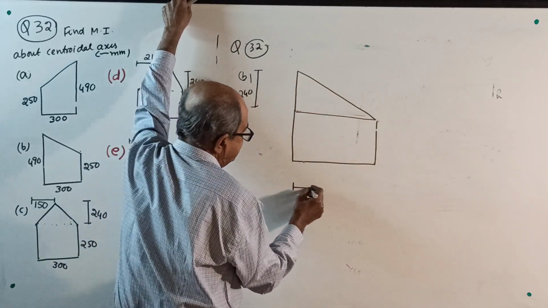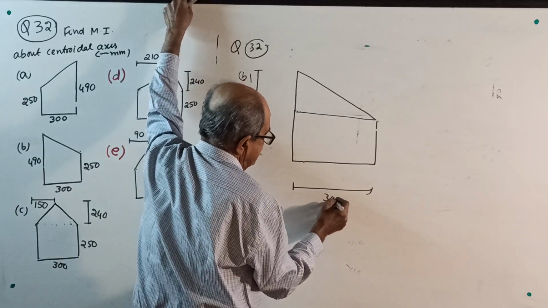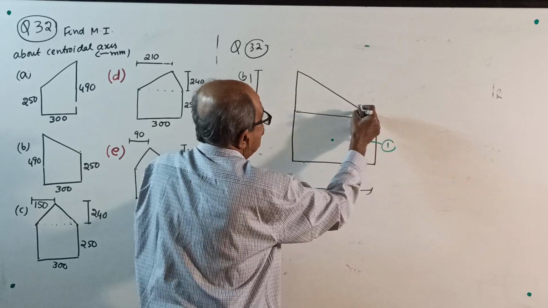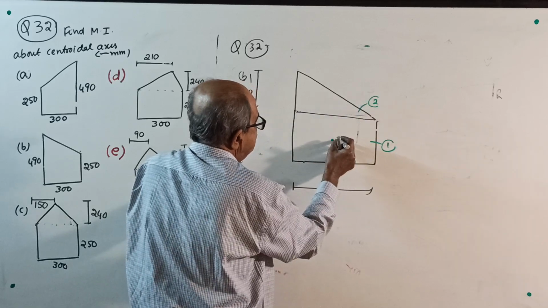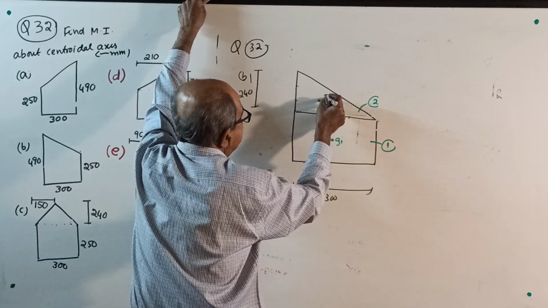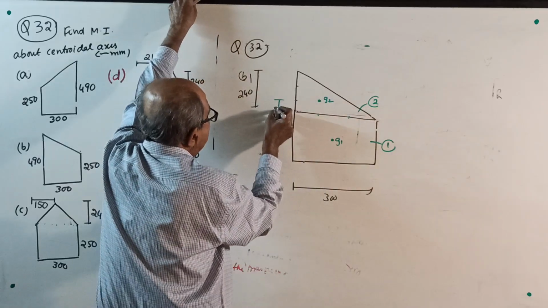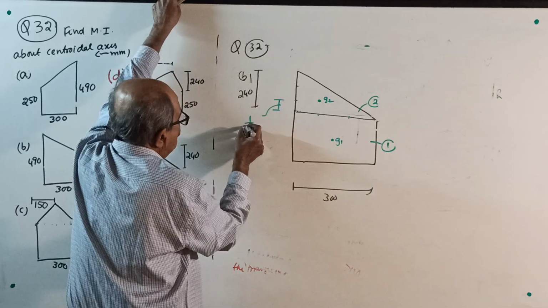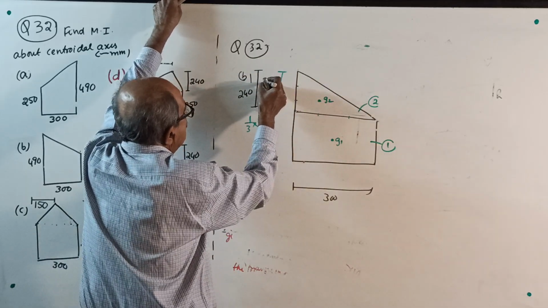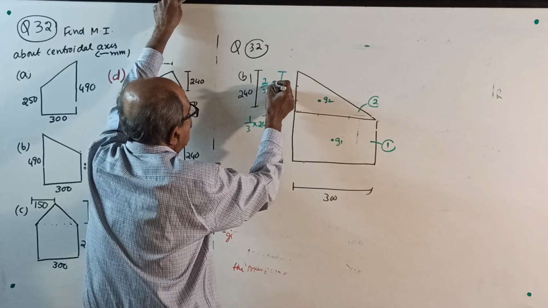This is 300. I will take G1, figure number 1, figure number 2. This is G1, this is G2. Now, this is 1/3 of 240, and this is 2/3 of 240.